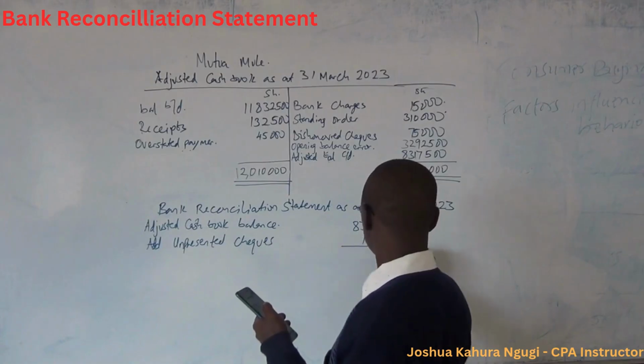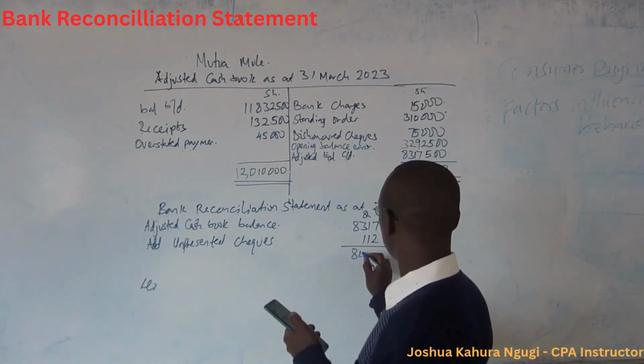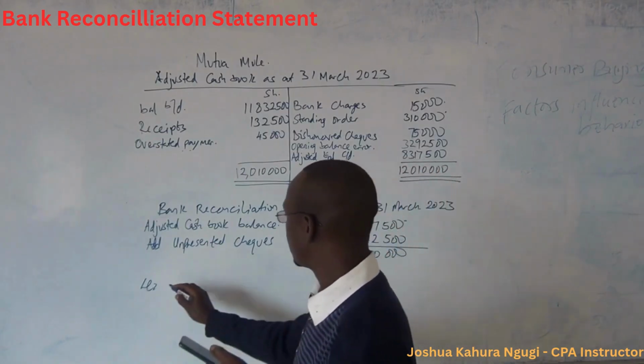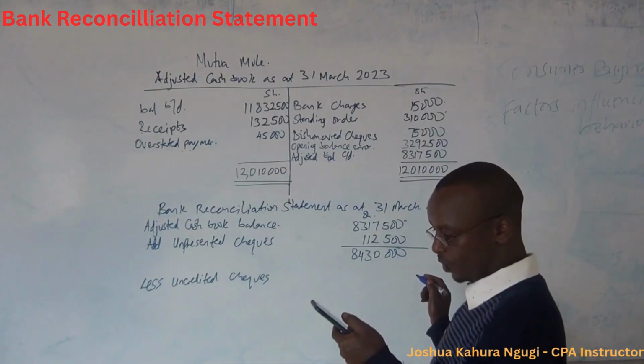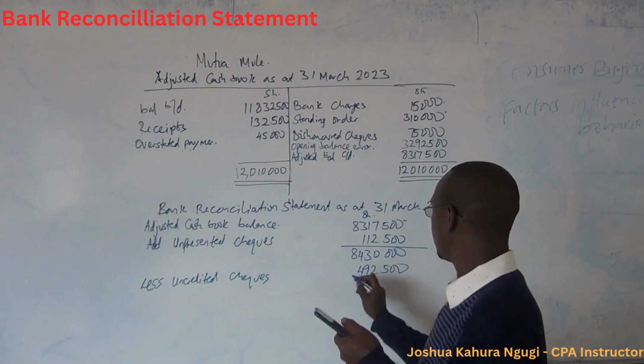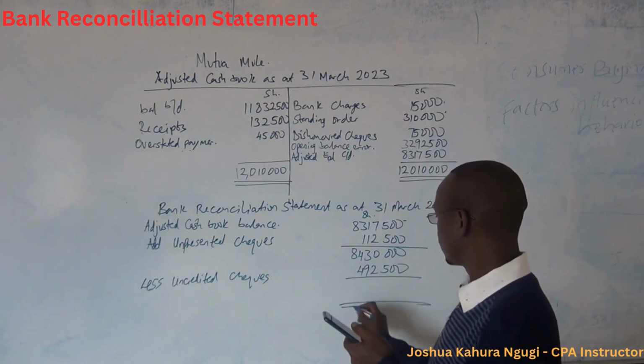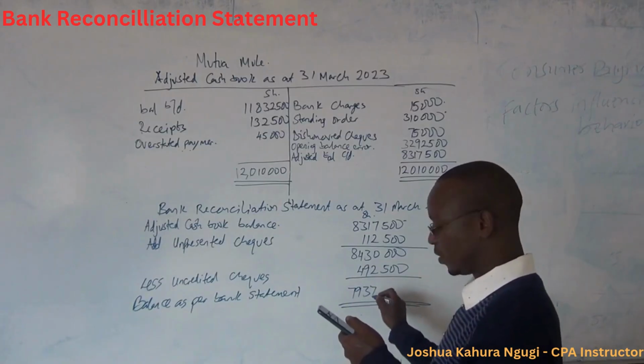You have to get 8,430, less 492,500. You less, you get what? 7,937,500.